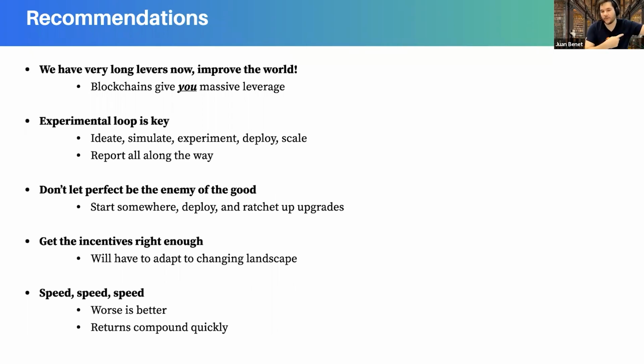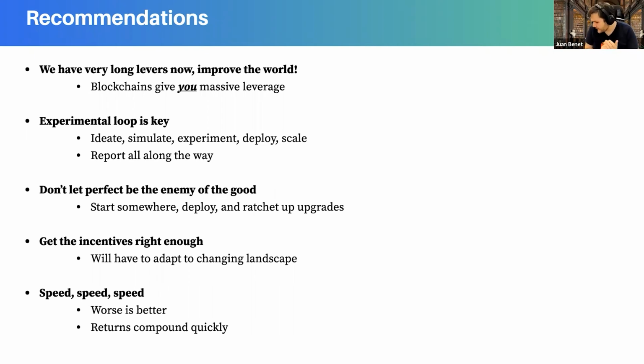So ratchet up upgrades over time. And you really have to get the incentives right enough. And building on a prior point, you don't have to get them right away, but you have to upgrade into that. So be careful deploying in systems where you can't adjust the incentives down the road. You have to enable them to adapt and change the landscape.